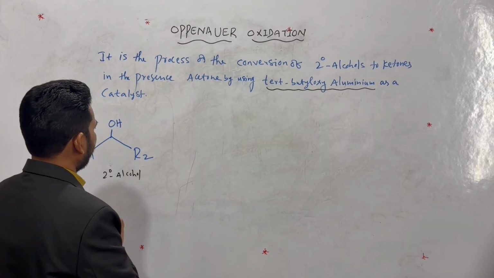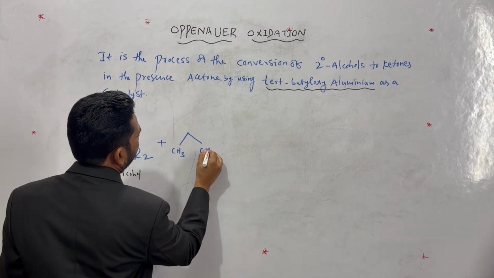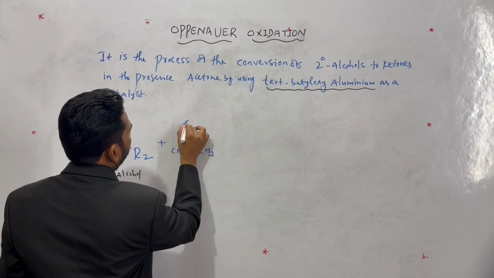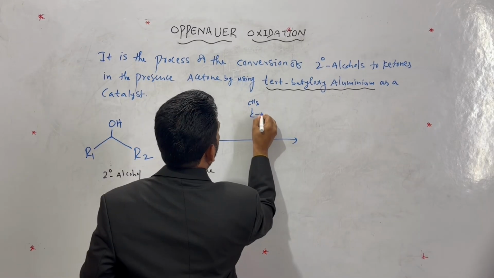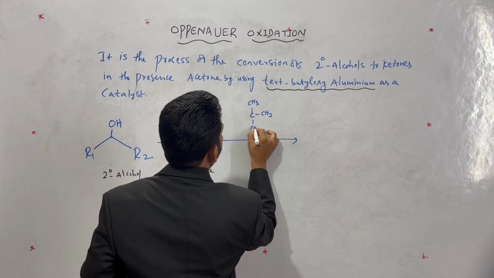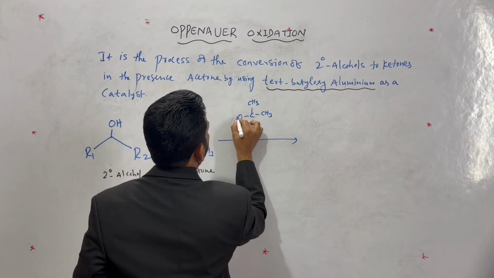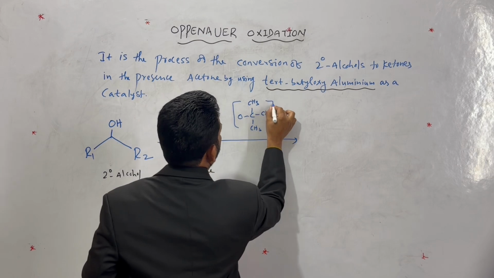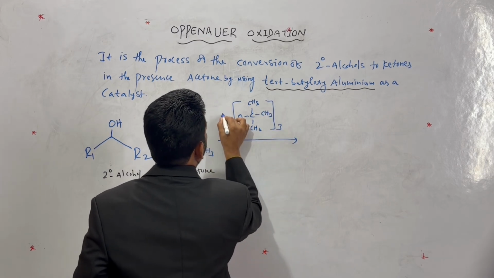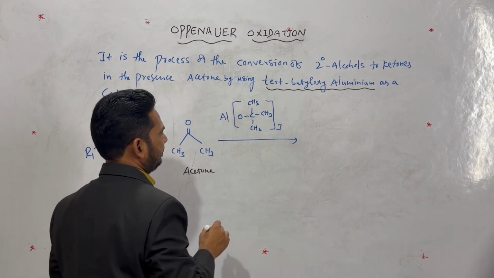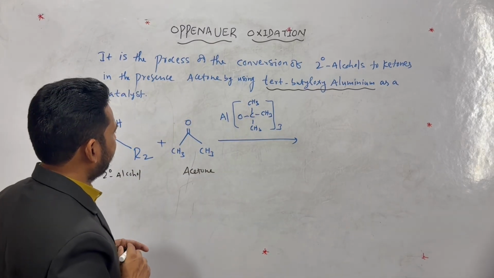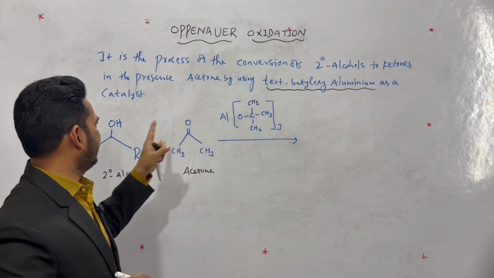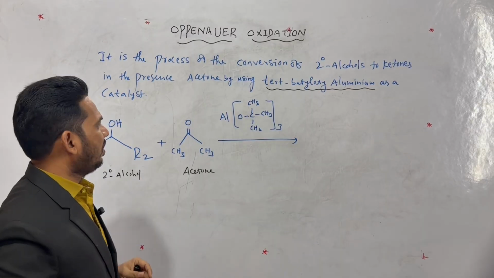When it reacts with acetone, also in the presence of tertiary butyl oxy, that is 3 moles of aluminum, it is called tertiary butyl oxy aluminum. It is helpful for the oxidation of these secondary alcohols.